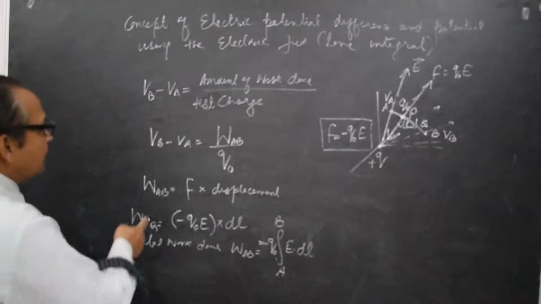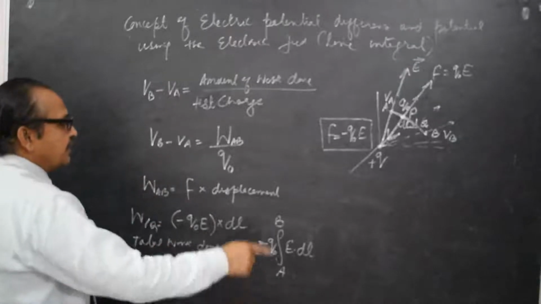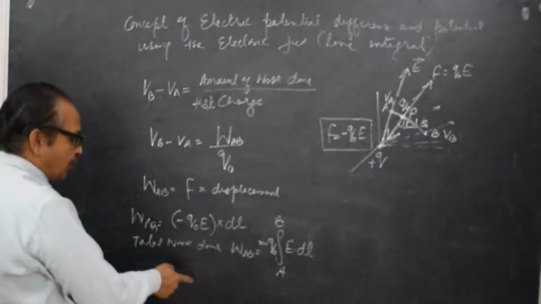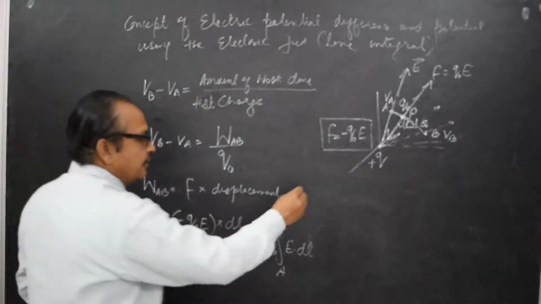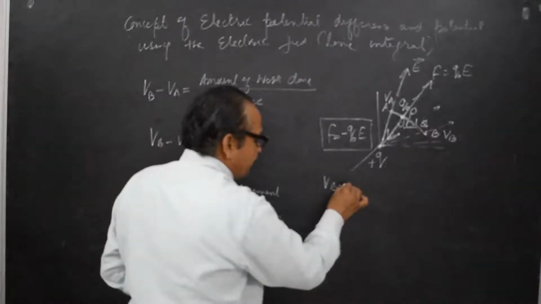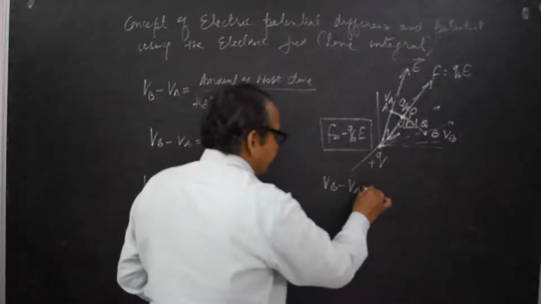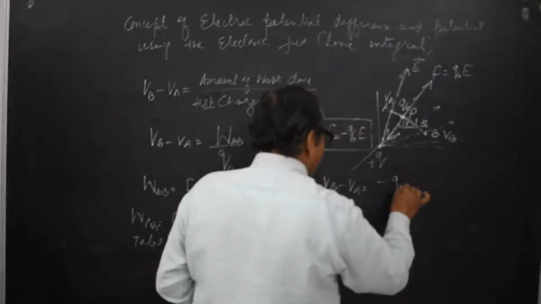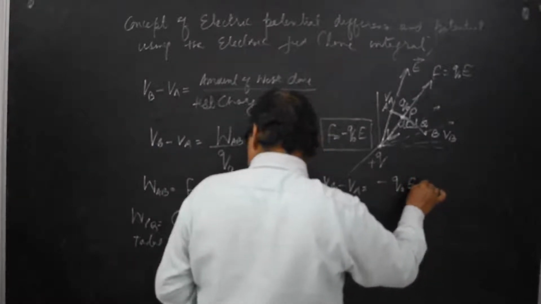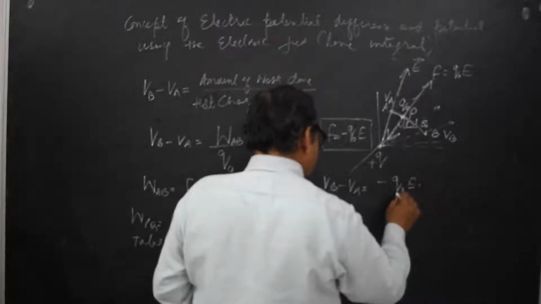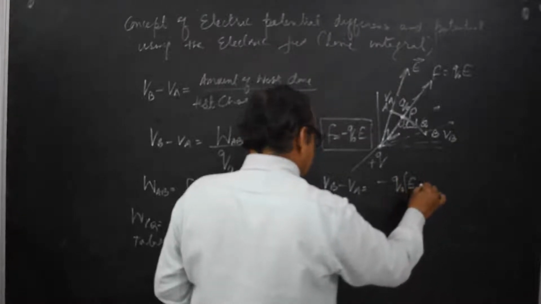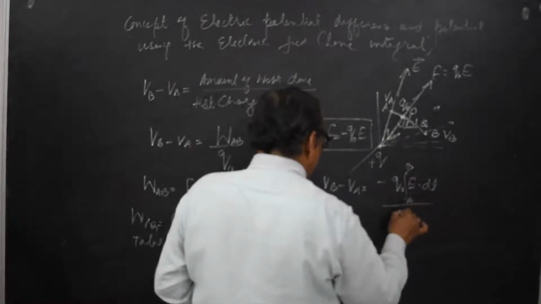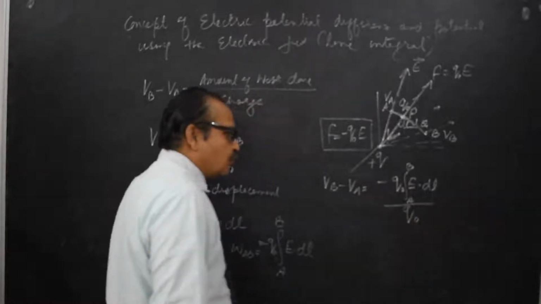Now we know VB minus VA is WAB divided by Q naught. Put this value of WAB here. So what will I get? VB minus VA is equal to minus Q naught times the integral of E dot dl from A to B, divided by Q naught.